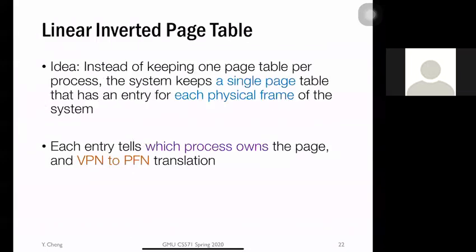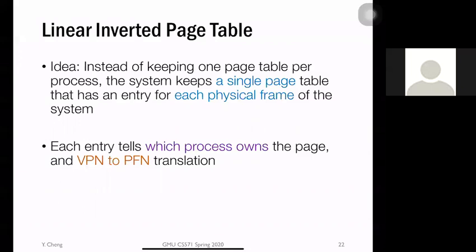So what exactly is a linear inverted page table? The idea is pretty simple. For a typical page table, the page table is a per process data structure. That means each process maintains its own page table, which is too memory costly, right?